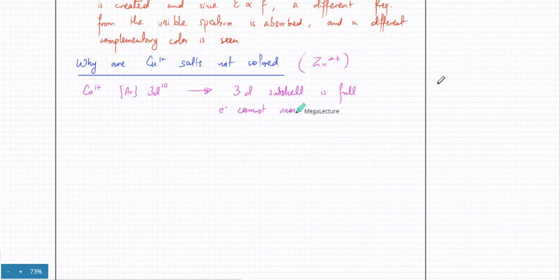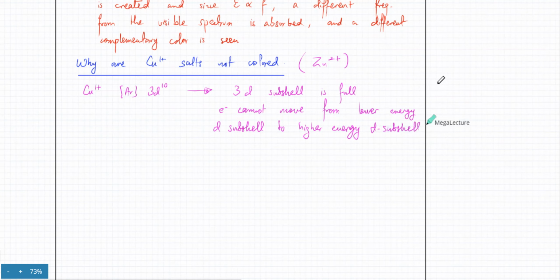Electron cannot move from a lower energy D subshell to higher energy D subshell, as no empty spaces are available in the D orbitals.